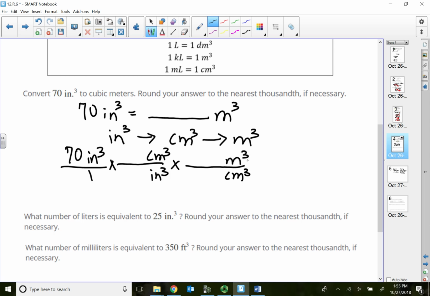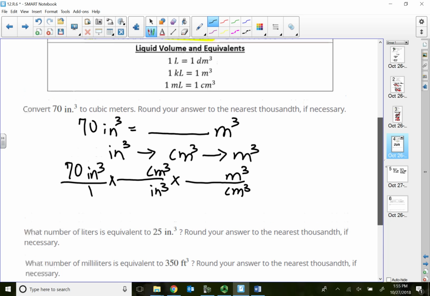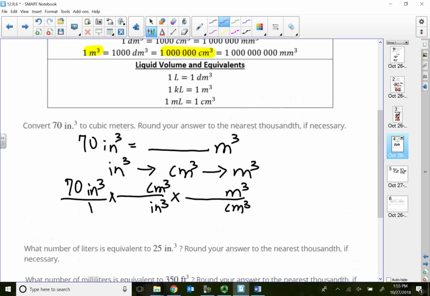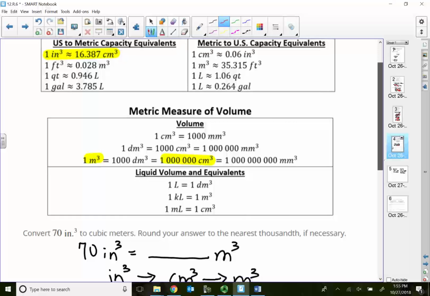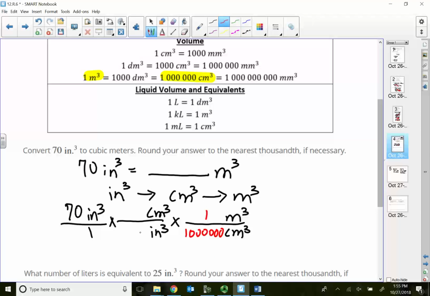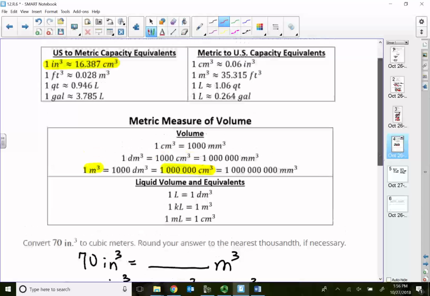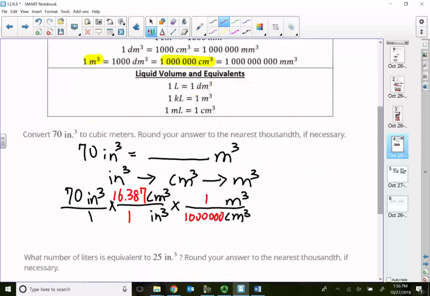Cubic centimeter convert to cubic meter. So let's see. 1 cubic meter is a million cubic centimeters. 1 cubic inch is 16.387 cubic centimeters. Let me double check my numbers real quick. Alright, that's correct.